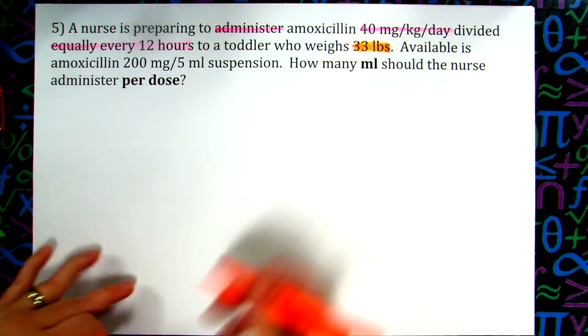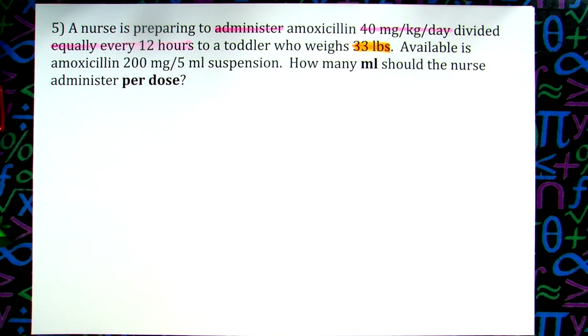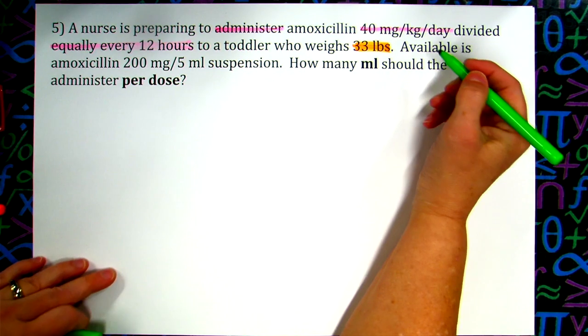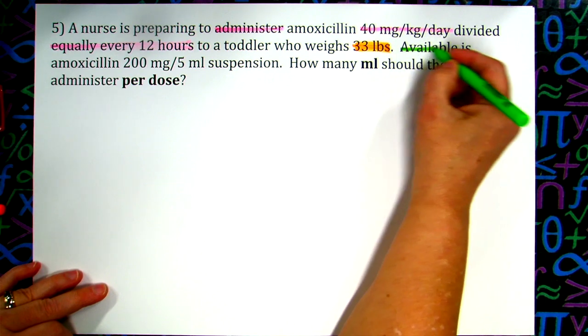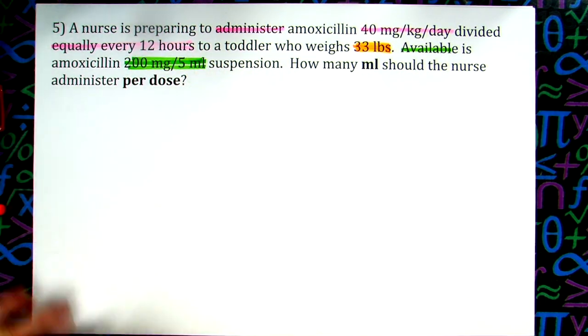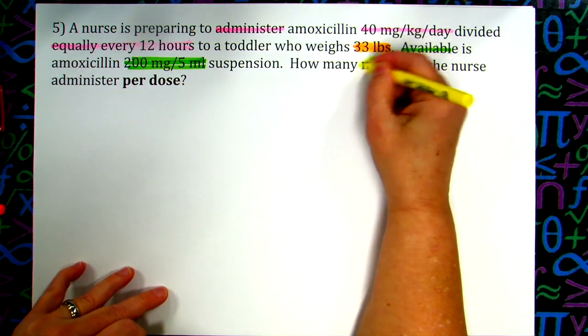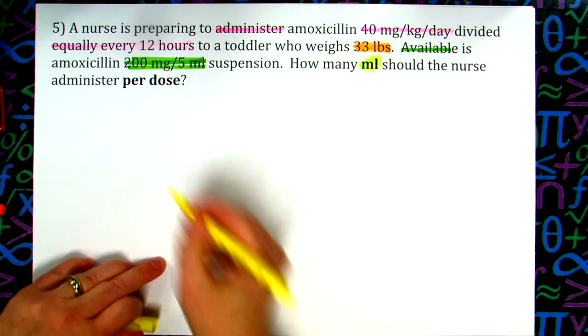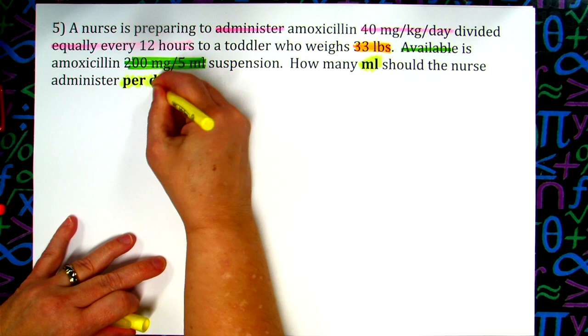So there's our 33 pounds. Available is amoxicillin, 200 milligrams per 5 milliliters suspension. The question then asks how many milliliters should the nurse administer per dose.